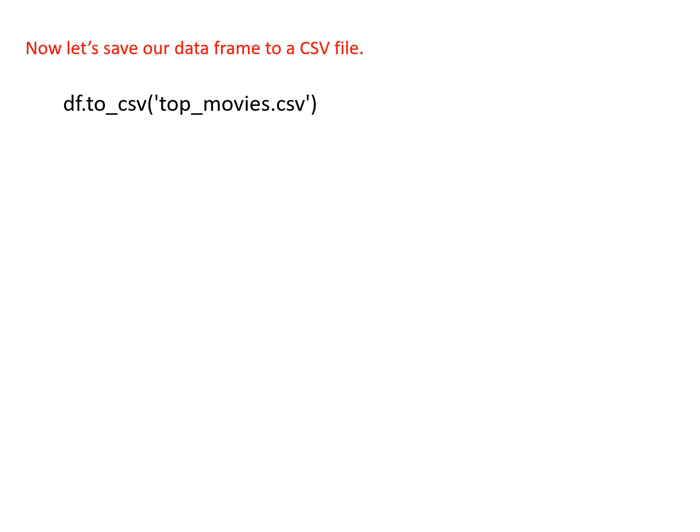Now that our data frame holds the information that we want, we can save that to a new CSV file. So we'll type df2 CSV and then decide what we want to call our new CSV file. I'll call it topmovies.csv. Remember, if you use a command like this, it's going to save that CSV file to where your working directory is set.